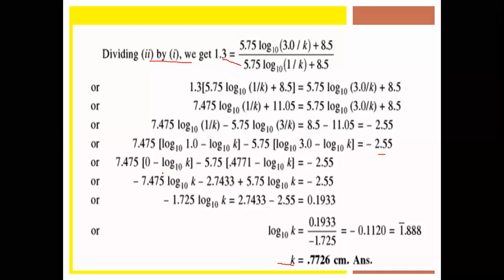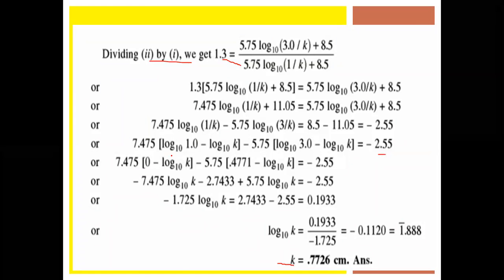Now 7.475 log 1 you have to take using the calculator. Log 1 is equal to 0. So log k as it is, minus 5.75 log 3, that is 0.471 value, and log k, minus 2.55.